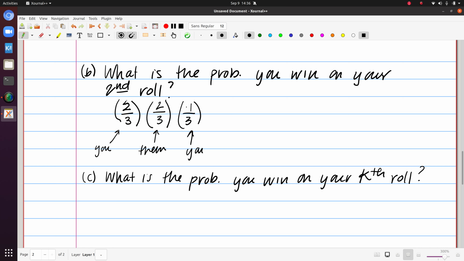So I can think about this kind of grouping turns. For you to win on your kth roll, you had to lose your first k minus 1 turns. Likewise, your friend had to lose their first k minus 1 turns. And then on your kth turn, you won.